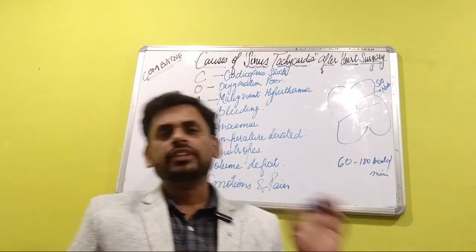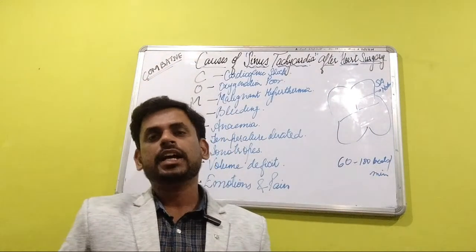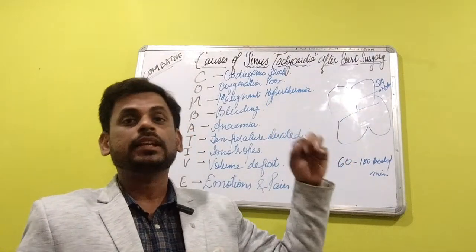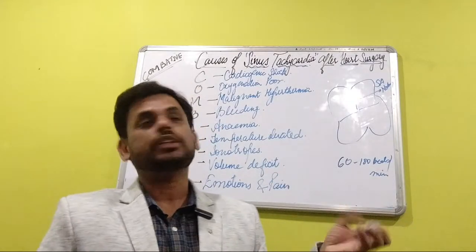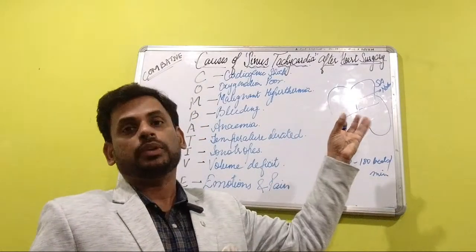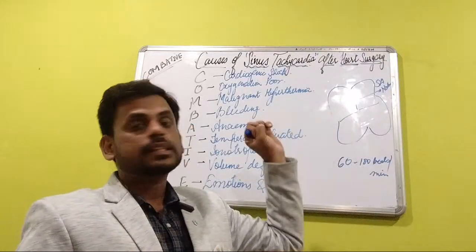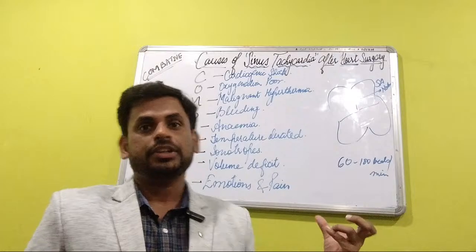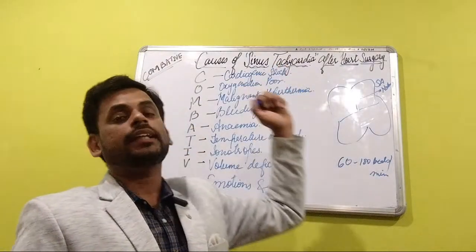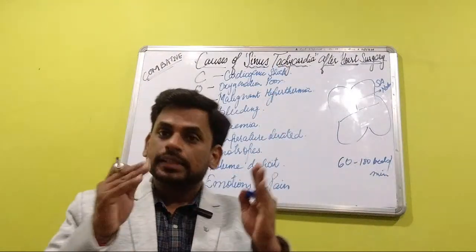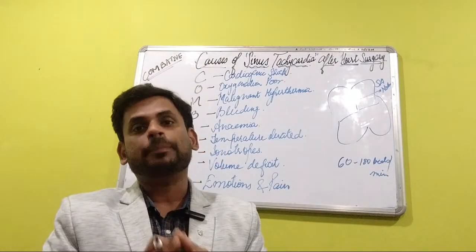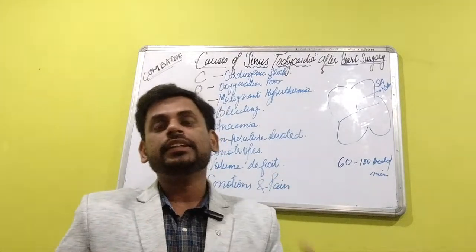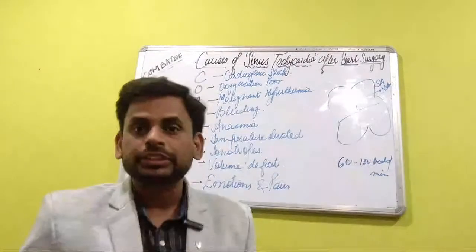So after a heart surgery, if tachycardia is occurring, it is basically due to excessive stimulation. The sinoatrial node is firing electrical impulses at a faster rate. That condition is called sinus tachycardia. So in sinus tachycardia, you ought to remember that it is the sinoatrial node which is firing the electrical impulses at a much faster rate.